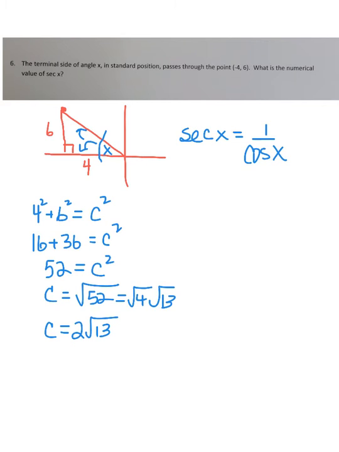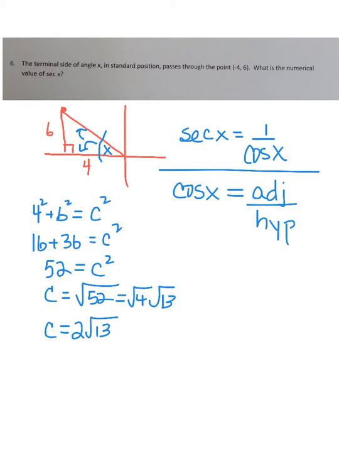let me reiterate again. So we know that secant and cosine are reciprocal trig functions. So I'm going to handle it in this way. If we know that cosine is equal to the adjacent over the hypotenuse, then wouldn't it be the case that secant would have to be the reciprocal of that, which would be the hypotenuse over the adjacent, right?